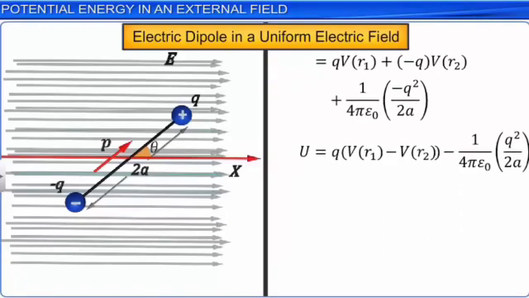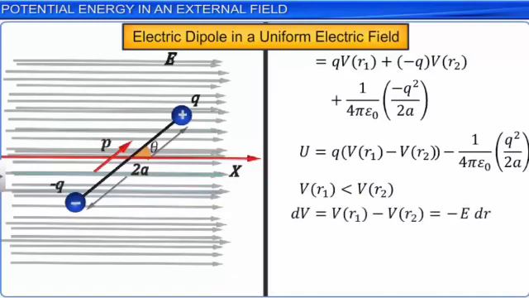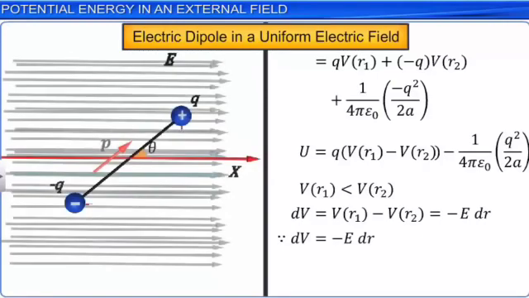We can further simplify V of R1 minus V of R2 as follows. V of R1 will be less than V of R2, since potential decreases in the direction of the field. We can say dV is equal to V of R1 minus V of R2, which is equal to minus E dR. Since dV is equal to minus E dR, from the figure, dR is equal to 2a cos θ.